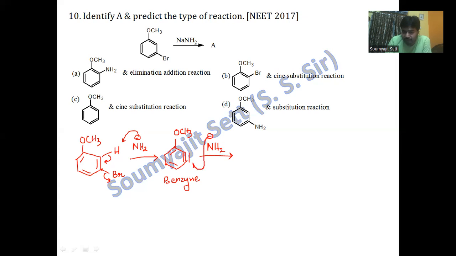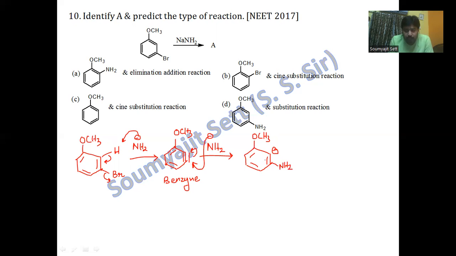If it is attacked at this position, the negative charge will form at this position. And if this forms, this negative charge can be stabilized by the minus I effect of OCH3.